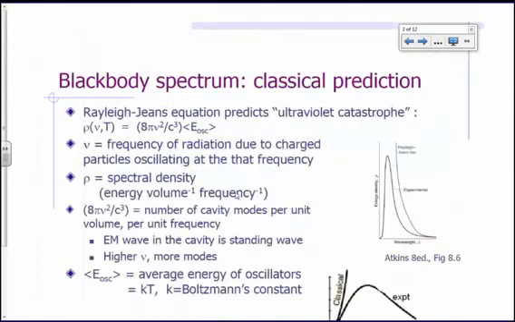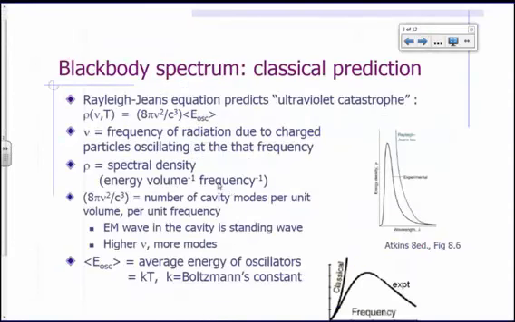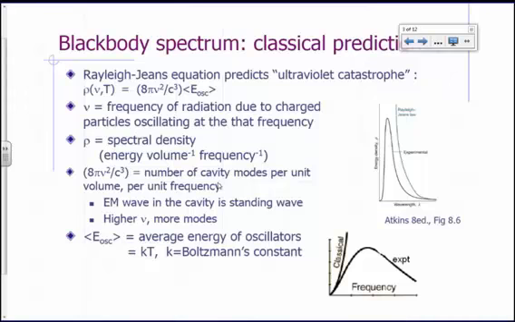All right, so the classical prediction is this. The Rayleigh-Jeans equation predicts that the so-called spectral density, which is really just proportional to the intensity of the radiation, will increase.